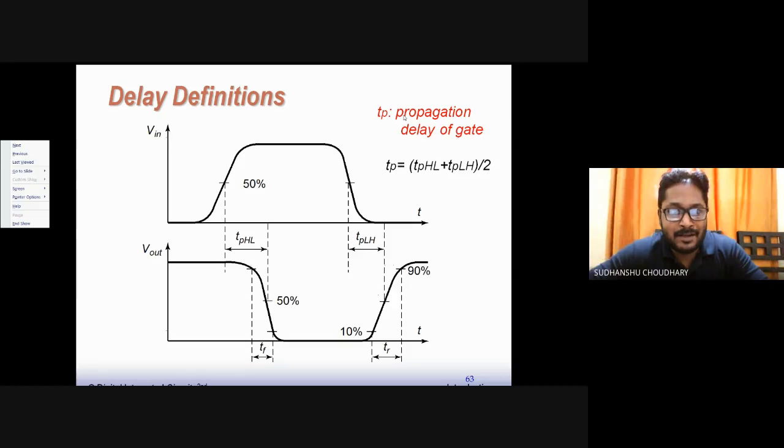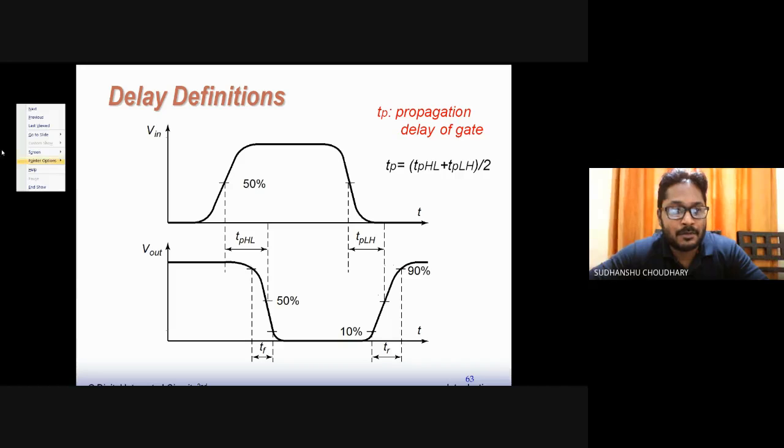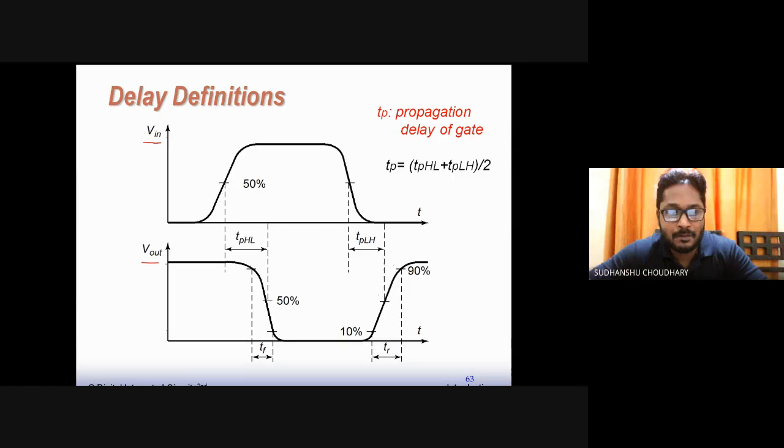For propagation delay, again, we'll come to the input and output characteristics of the inverter. Here this represents the input of the inverter. For the same CMOS inverter, we apply, let's say, this transient input, and on this transient input, you get an output which looks like this.